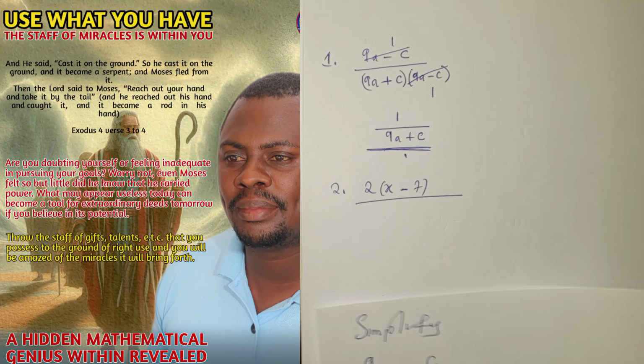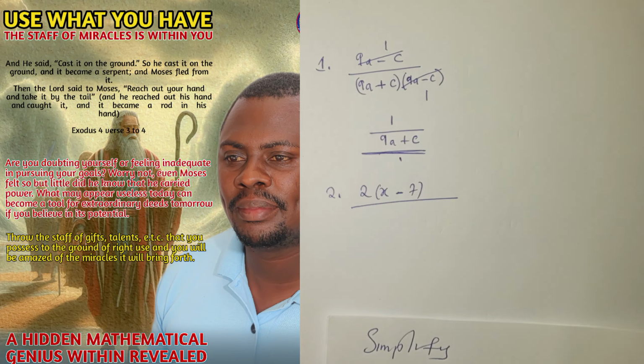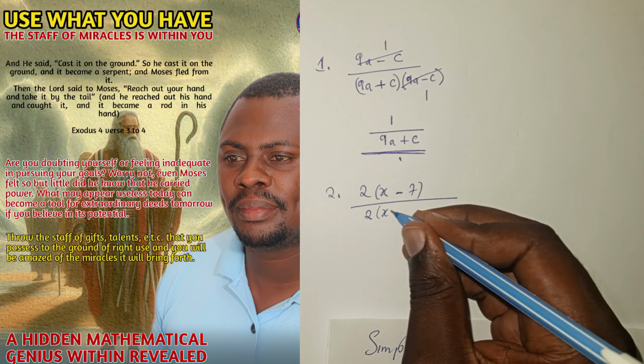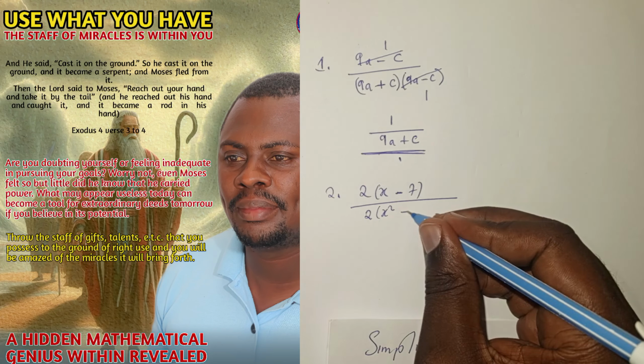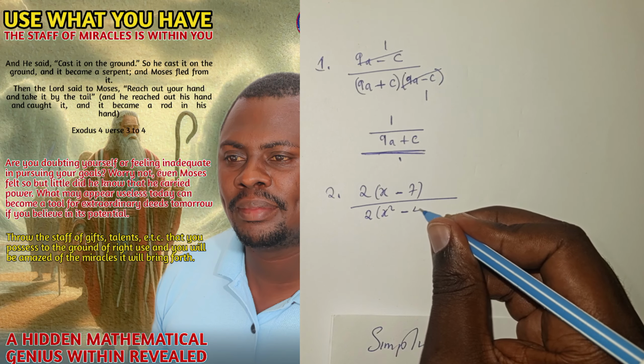Over, in the denominator we have 2x squared minus 98. Again, we can see there that 2 is common, so we need to divide out a 2. Okay, so we have 2, 2x squared divided by 2, we have x squared minus 98 divided by 2, you get 49.